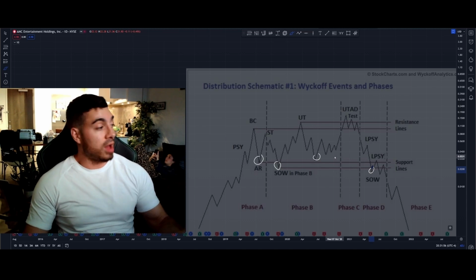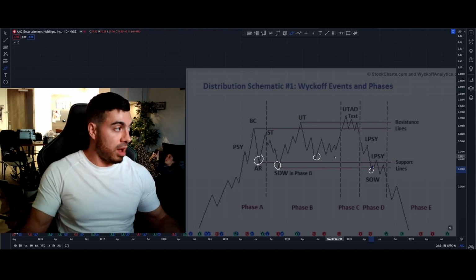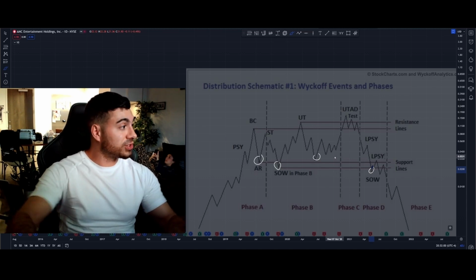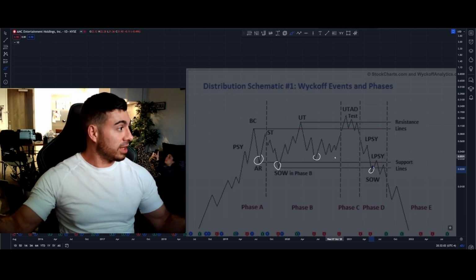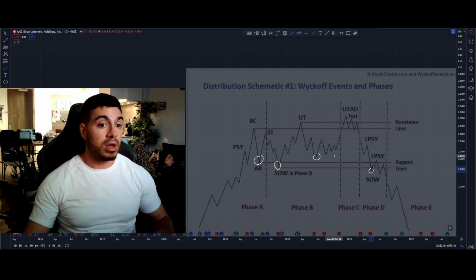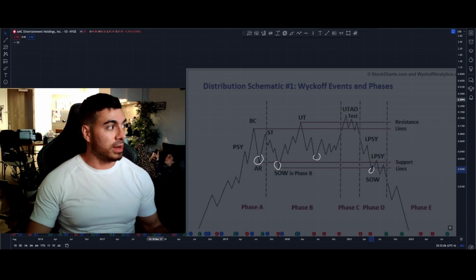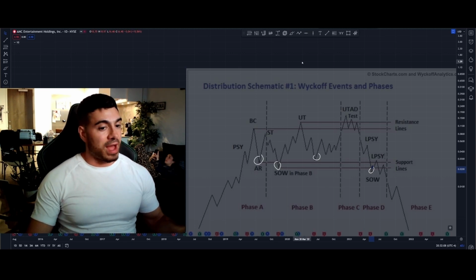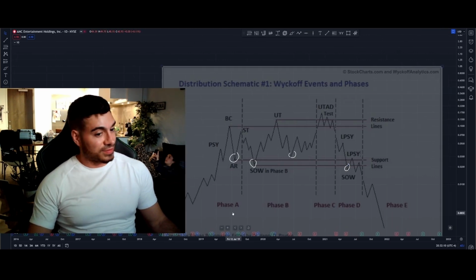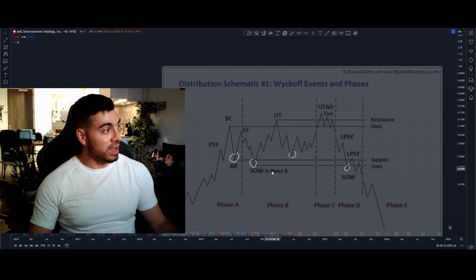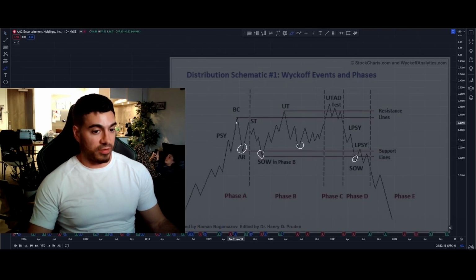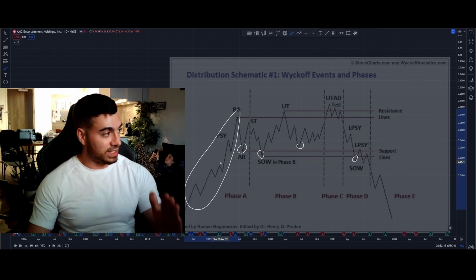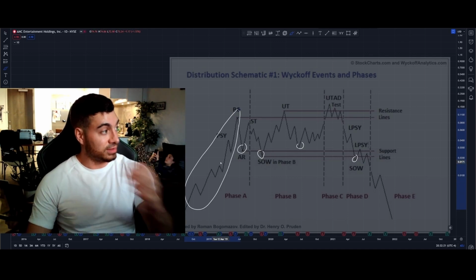That is the purpose, so you don't know exactly when things are going to pop off, right? And the macroeconomic narrative will always line up to meet and match these phases in totality. So when you see things like, oh, quantitative easing happened on the S&P, I bet you that was the beginning of phase A distribution, right? That is your markup phase in phase E accumulation that bleeds into phase A distribution.